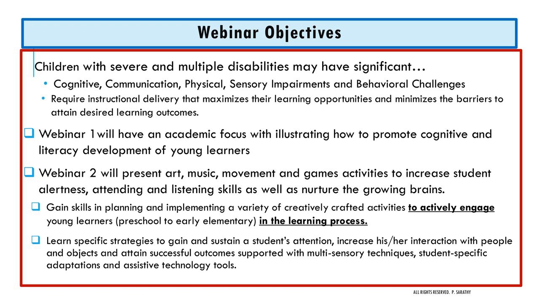And also, finally, to lead to meaningful academic and life outcomes, functional outcomes. I will demonstrate through these 2 webinars how to use multisensory techniques, student-specific personalized adaptations, and a few assistive technology tools.